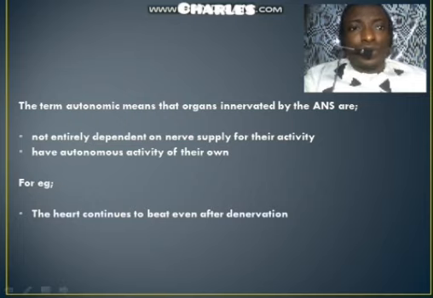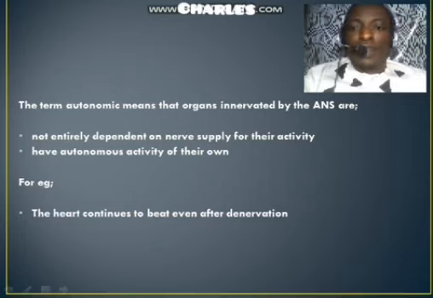There are structures that produce heartbeats, special tissues like the SA node and the AV node. So if you remove the ANS, that is the nerve supply to the heart, it doesn't stop the heart from beating. What the ANS does is to regulate heartbeats, but it does not produce them. It can influence the heartbeat by either increasing it or decreasing it.